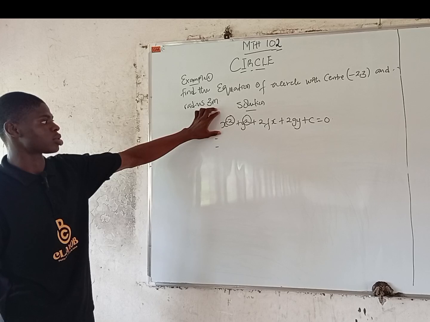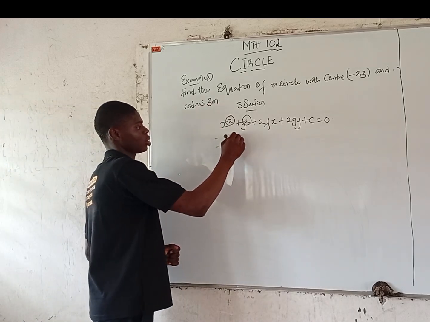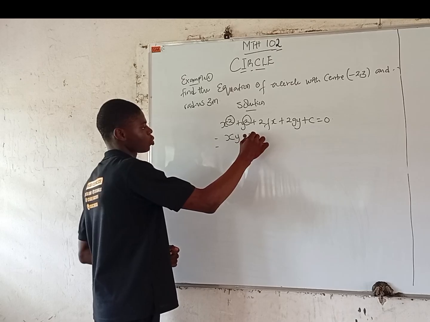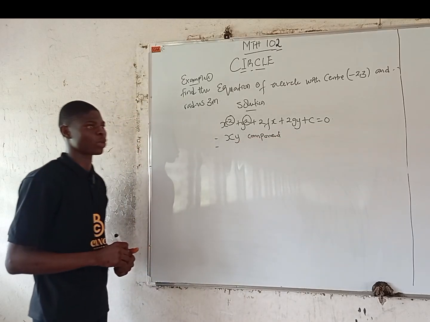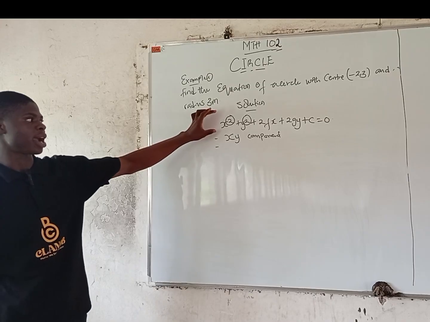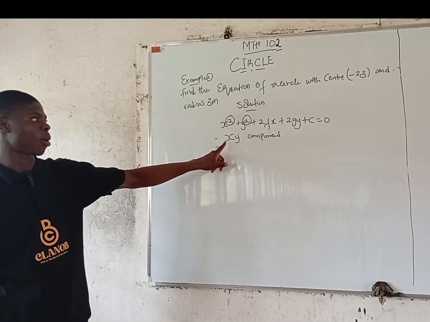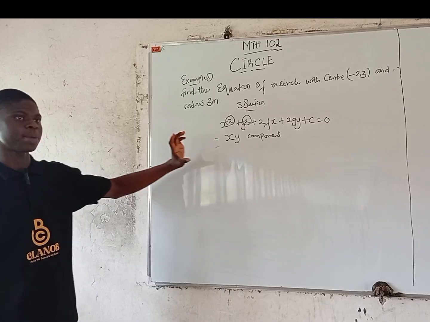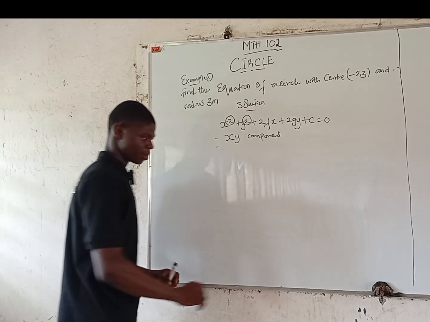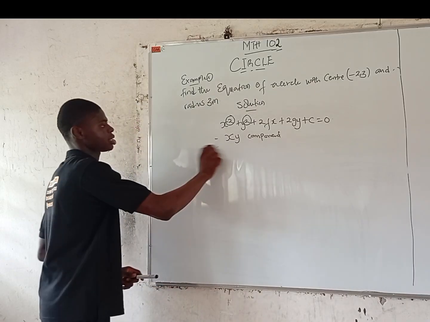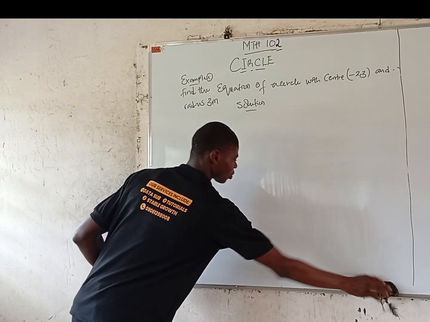Second thing you need to note about a cycle is that a cycle equation does not have an xy component. You cannot find an equation of a cycle, which is truly an equation of a cycle, to have components xy. The terms are always individual, standing alone. So with this basic knowledge, let's attempt solving the question we have above.